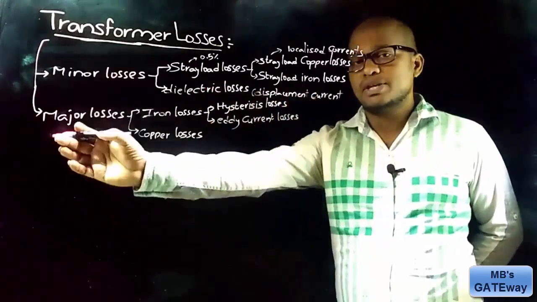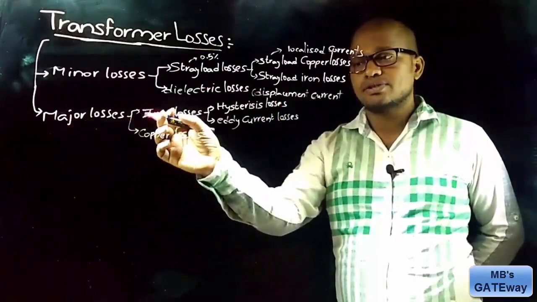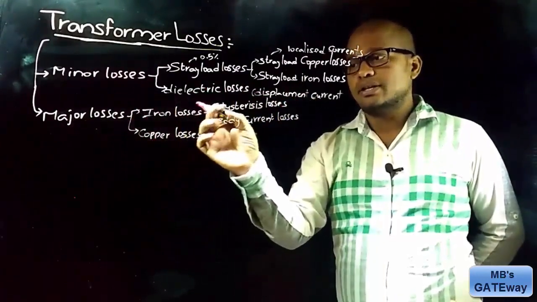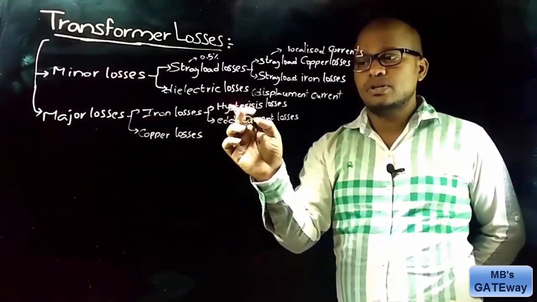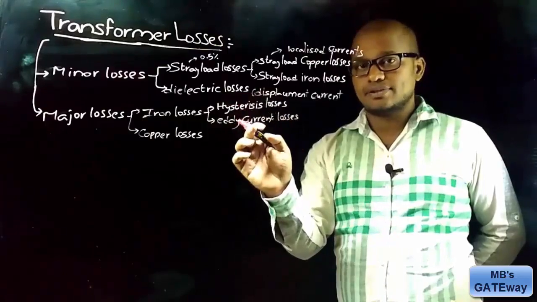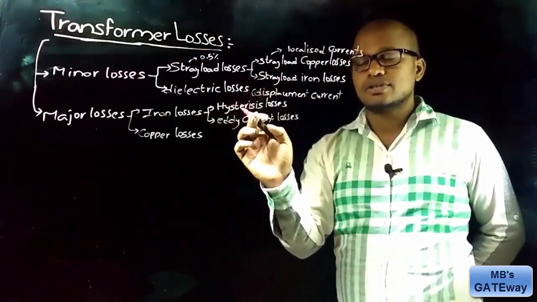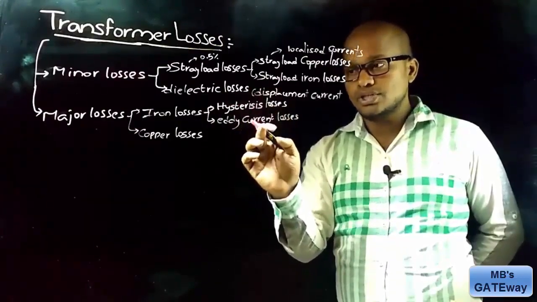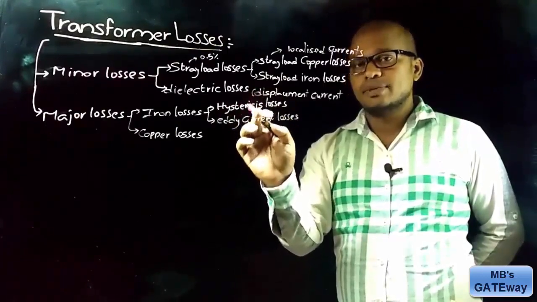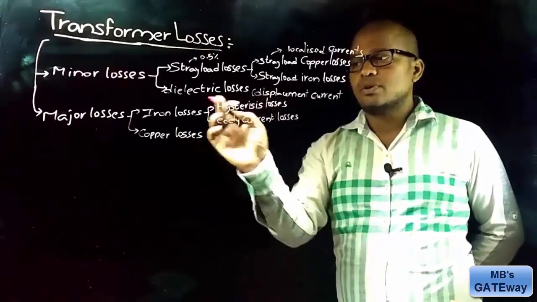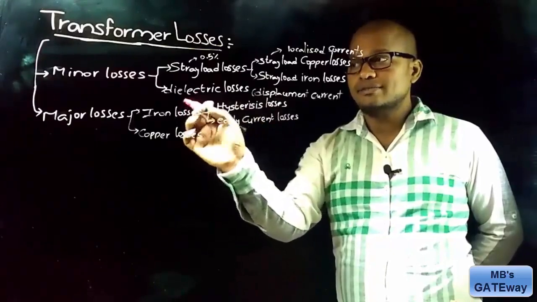Now coming to major losses, which are classified into iron losses and copper losses, and iron losses are further classified into hysteresis losses and eddy current losses. And as hysteresis losses and eddy current losses depend on the voltage, these two losses can be considered as constant losses. So iron losses are considered constant in a transformer.